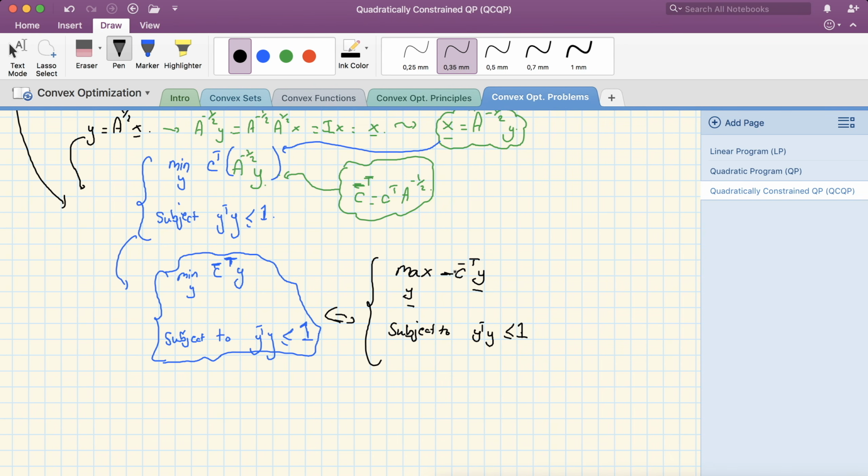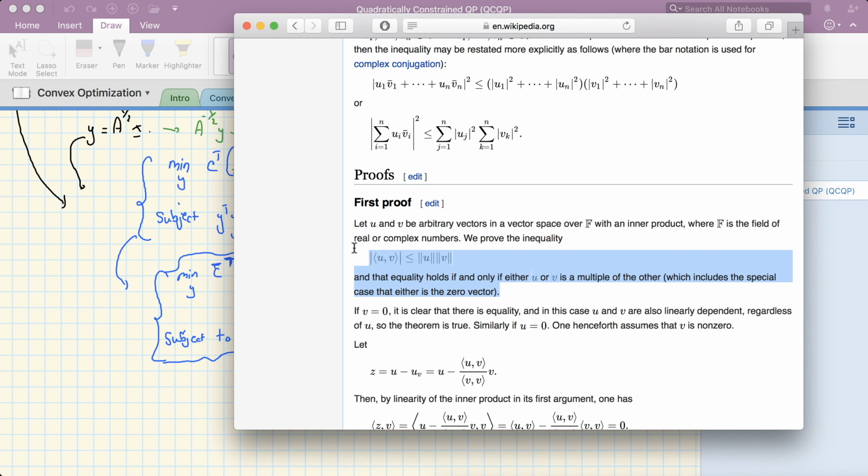And another thing that we should all know at this level of convex optimization is the Cauchy-Schwarz theorem. That's a really important theorem, or inequality, let's say. It's an inequality, and it tells us the following. I need only this part right here.